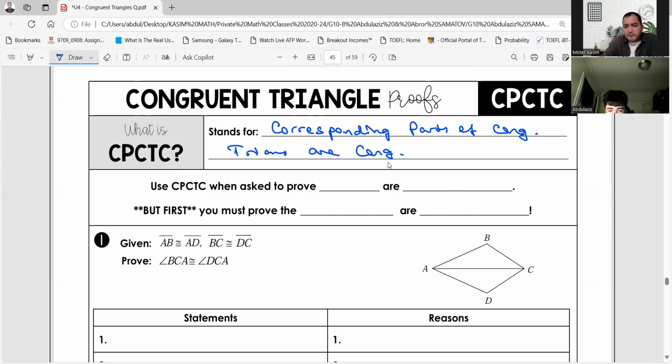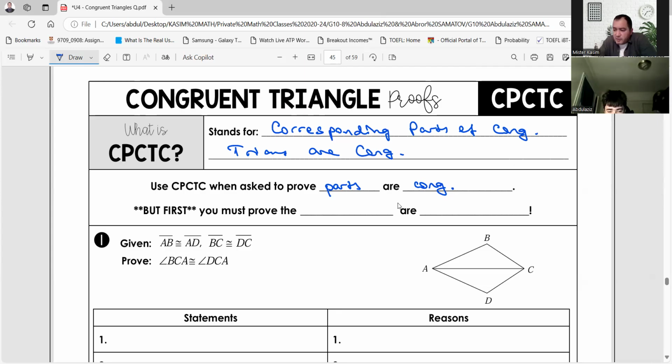Let me just write it fast. Okay. And now it says to use CPCTC when asked to prove what? To prove parts, right? To prove parts are congruent. For congruent, let me just write CONG for short.